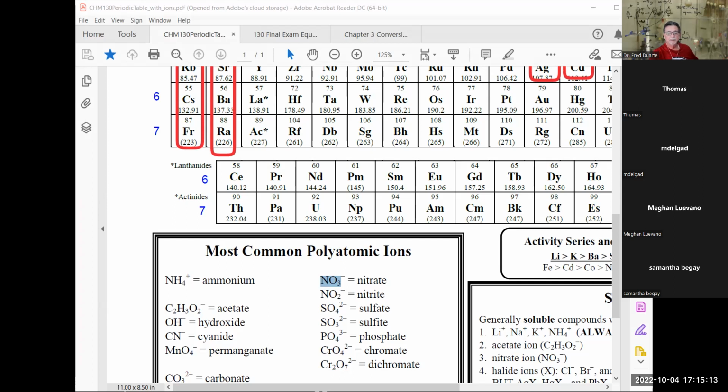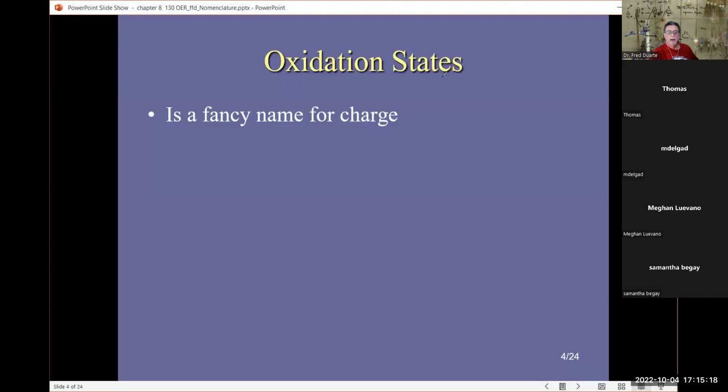All right, let's go back to that. I've been using the term charge, and that's okay when we're dealing with ionic compounds, because we have a positive 1, 2, or 3 ionic charge or a negative ionic charge. But covalent compounds don't have a full charge. They have a partial positive or negative.